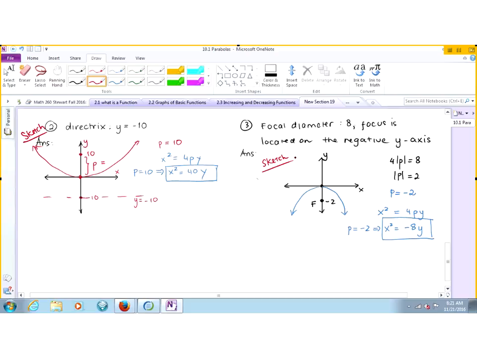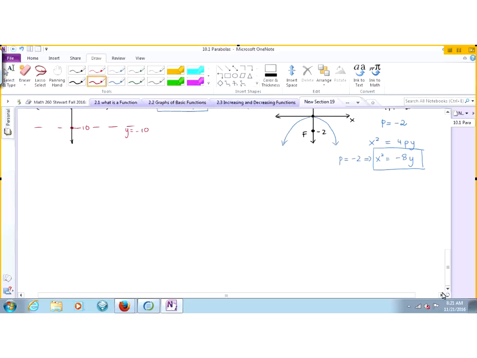Doable? Okay. So I'm going to talk about the shifted parabola. What do you think happens when we shift it? It moves, yes. Does the shape change? Not really, right? If you shift it, it doesn't change.